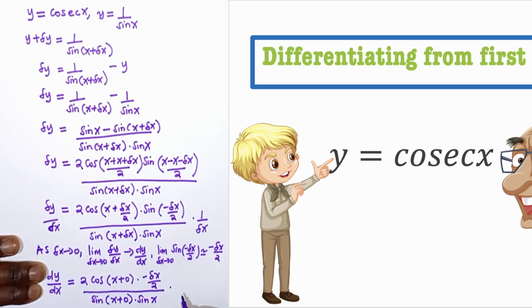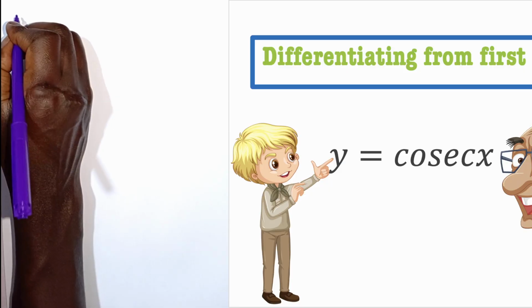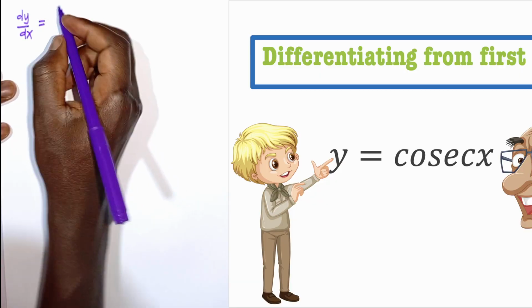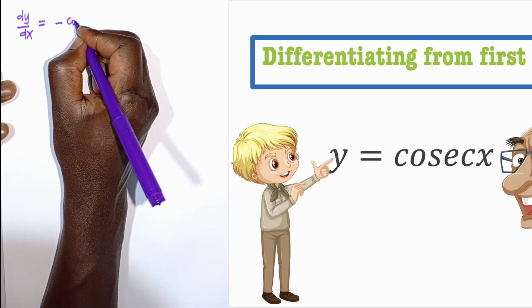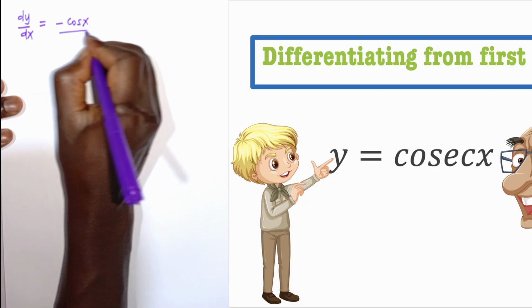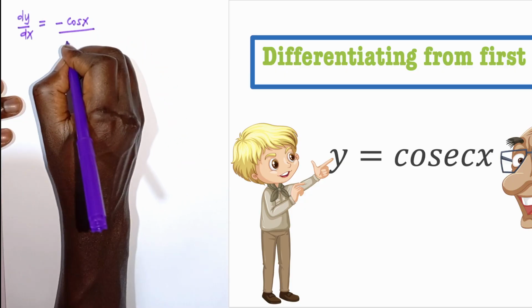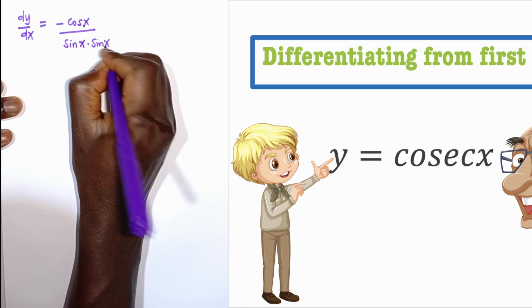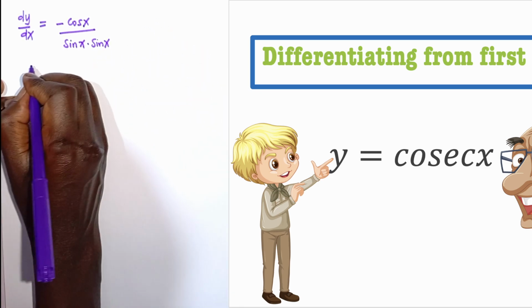Now simplifying, our 1 out of delta x is still there, so you cancel those that can be cancelled, the 2's can be cancelled, and also the deltas can go, and then we have our dy by dx becoming negative cos of x out of sine x times sine x, which basically is sine squared x, but it's better we write it that way.